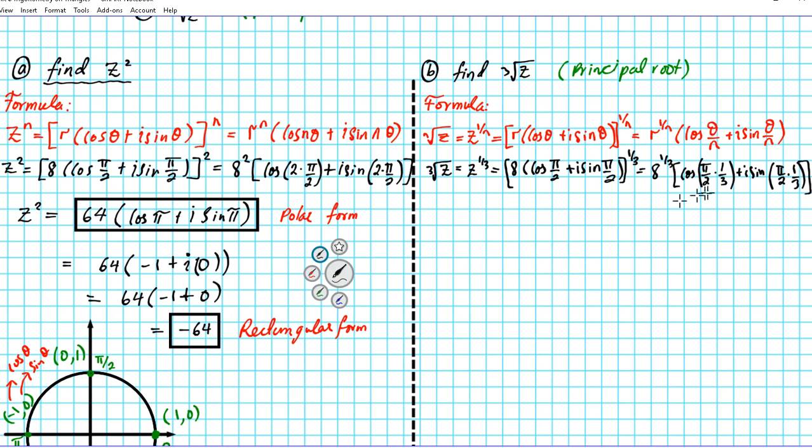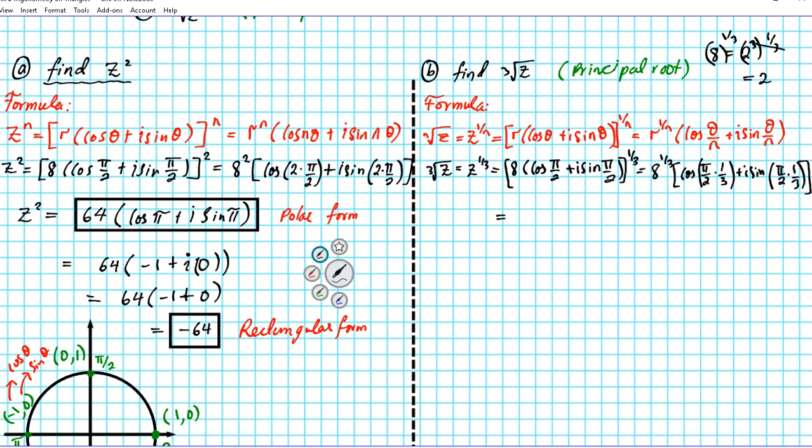Okay, so let's simplify that. We're going to have 8 to the 1/3, which is just the cube root of 8. And you know that 8 is 2 to the 3rd, right? So when you raise it to the 1/3 power, it's the same thing as raising 2 to the 3rd to the 1/3 power. Exponents cancel out, and your final answer is just 2.